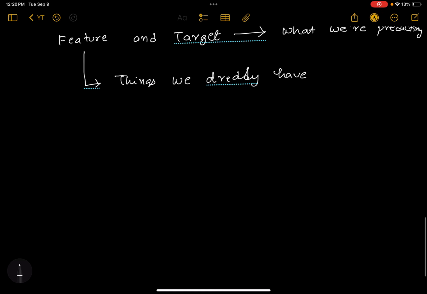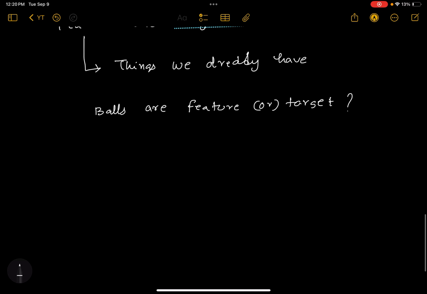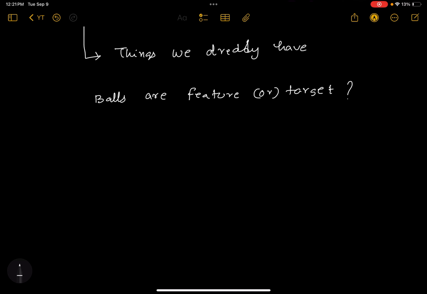So in our example, are balls a feature or a target? You guys tell me. The balls faced, are they a feature or a target? Since we already know how many balls a player has faced so far, that will be a feature, not a target.